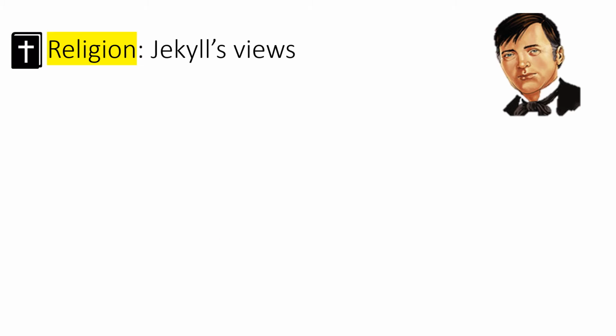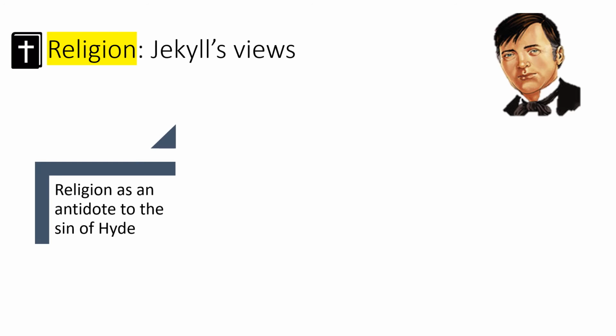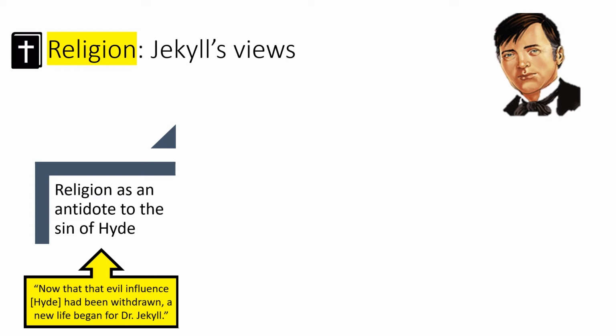So let's look a little bit more at Jekyll's views on religion in general. He sees religion as an antidote to the sin of Hyde. Remember when Hyde's sin, Hyde's misdoing, Hyde's evilness got too much even for Jekyll. "Now that the evil influence of Hyde has been withdrawn, a new life began for Dr. Jekyll."